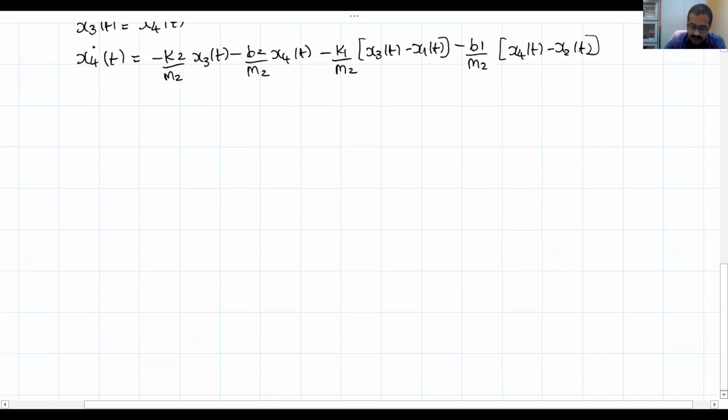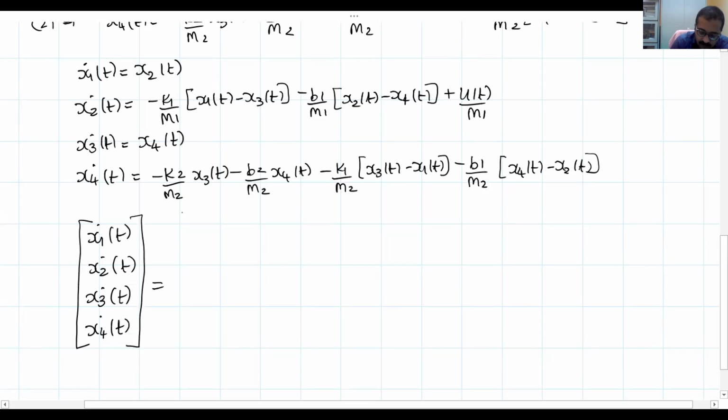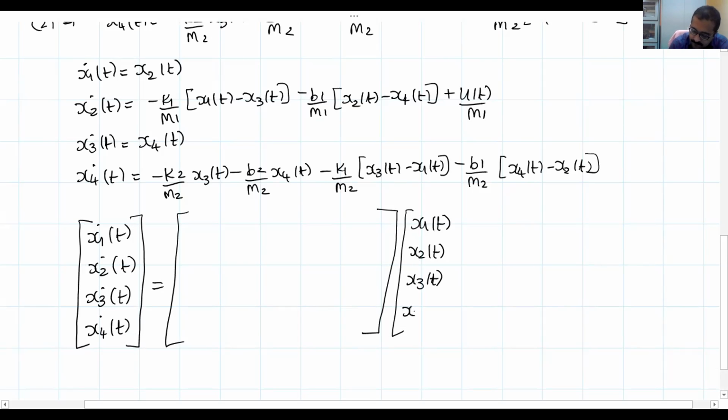For example, like this. So here I can write x1 dot t, x2 dot t, x3 dot t, and finally x4 dot t, must be equal to some matrix into x1, x2, x3, x4, plus something into u of t.